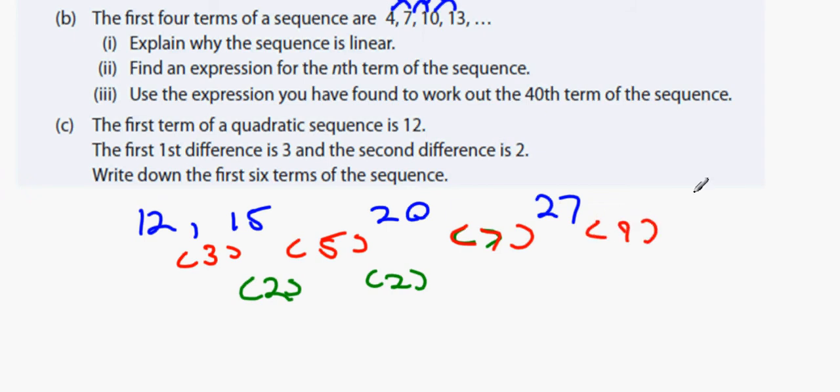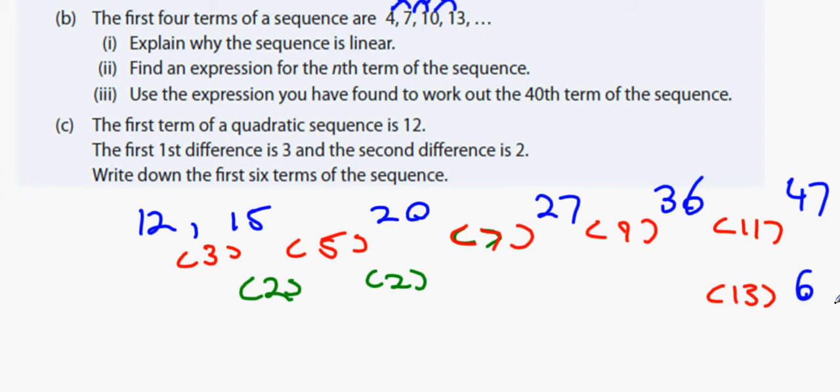The next difference after that should be 11. And it'll turn it into 47. And the next difference after that will be 13. And it'll turn it into 60. So the answer should be 12, 15, 20, 27, 36, 47. We actually don't need 60. 60 is 1 too far. Okay, so we'll just get rid of that. So that's our answer there.